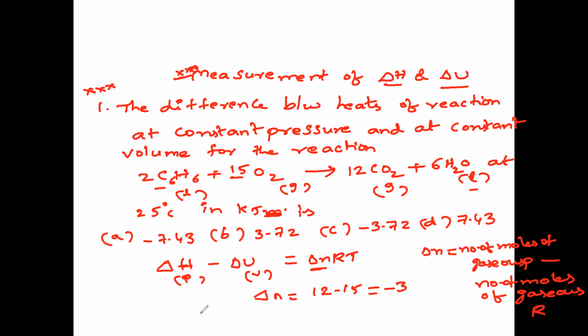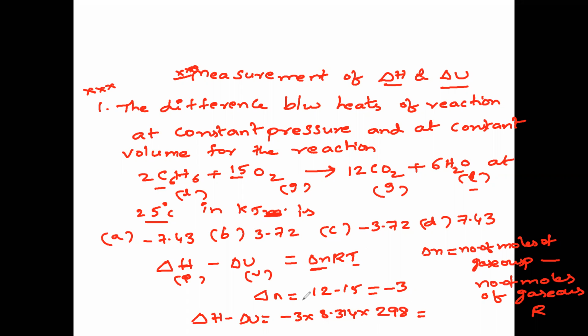So delta H minus delta U, because they're asking this only, is equal to minus 3 into R, which is 8.314, into temperature. The temperature is given as 25 degrees C, so we convert into Kelvin, which is 298. The value will come in joules.